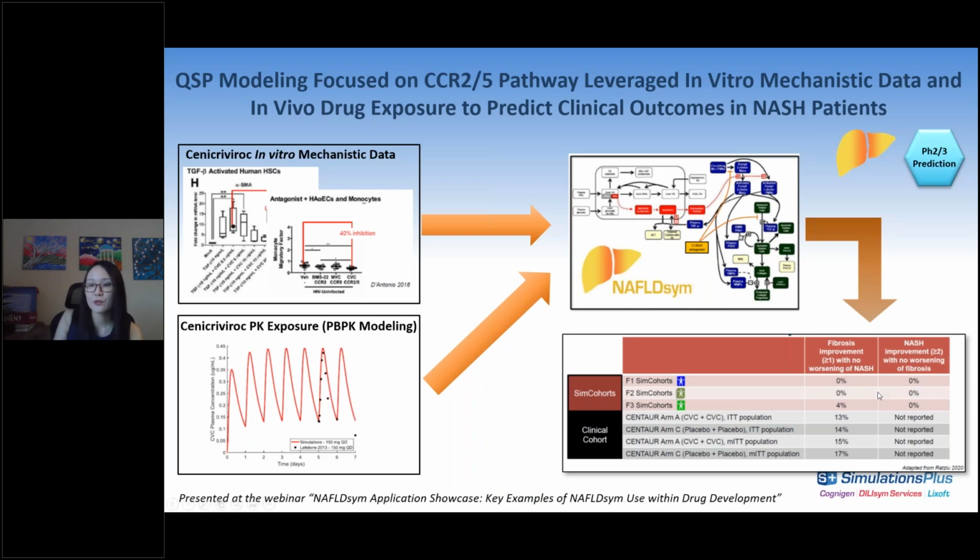After we ran these simulations, the clinical data from Centaur became publicly available, which showed really no therapeutic benefit of fibrosis improvement compared to the placebo group. So this clinical data validated our simulation results. This is a good case example where QSP modeling was used to prospectively predict clinical efficacy outcomes in NASH patients, and later that prediction was validated using clinical data.